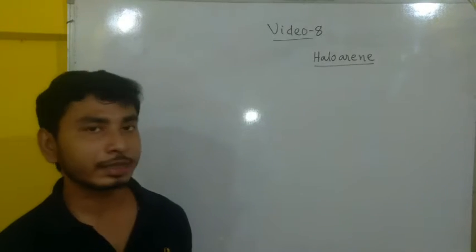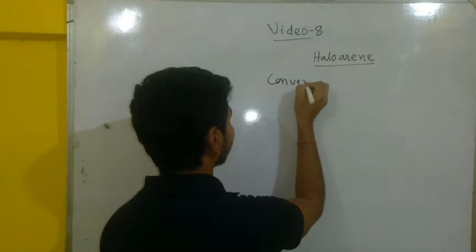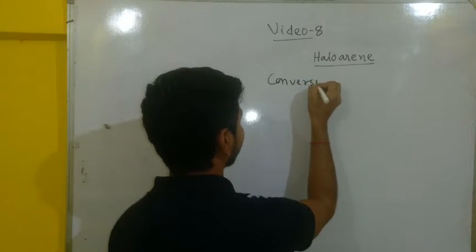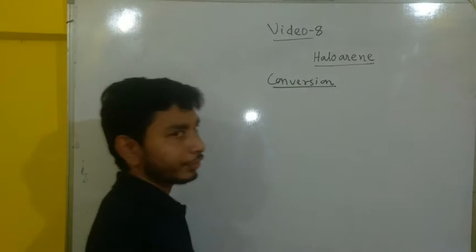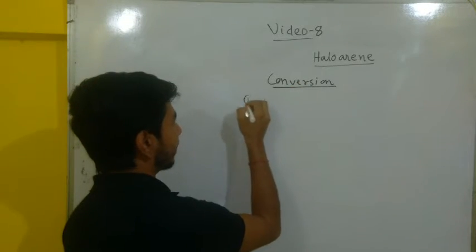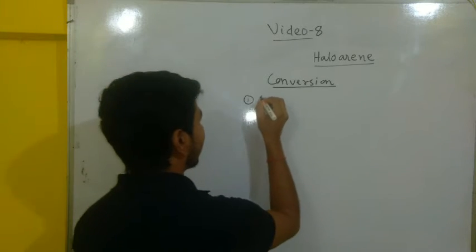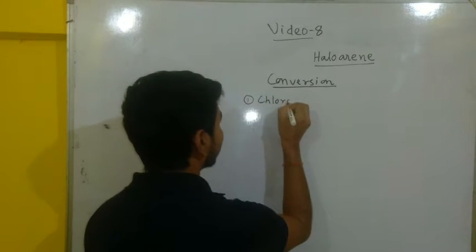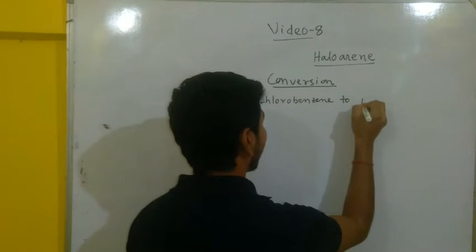Now let us discuss some conversions. Number one, suppose chlorobenzene to phenol.